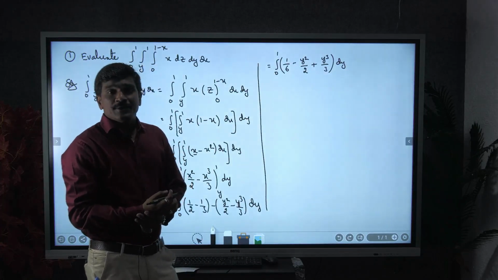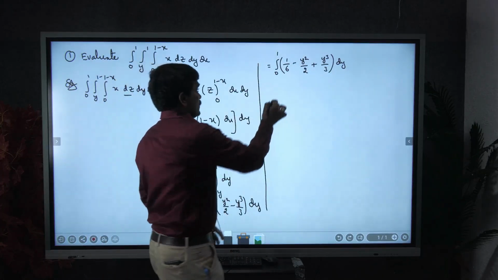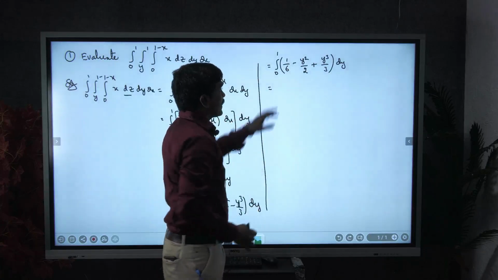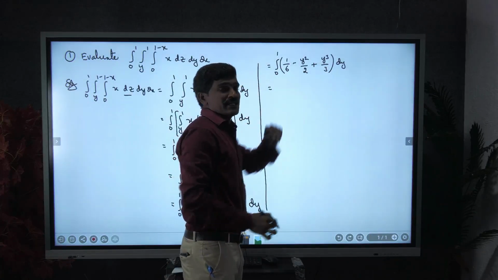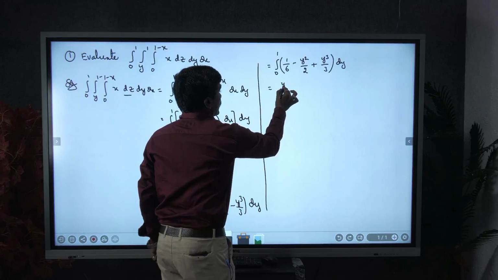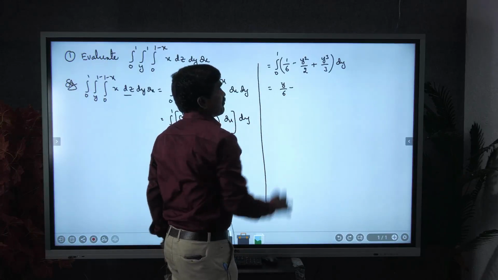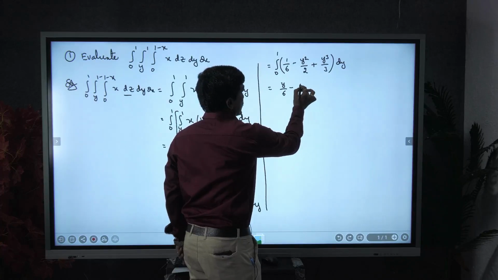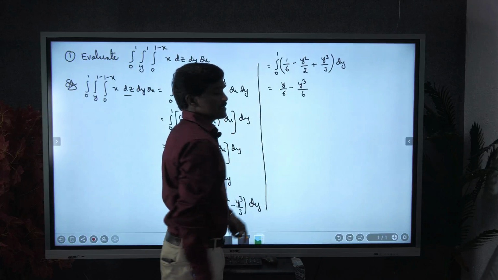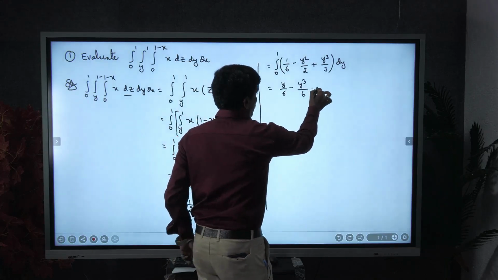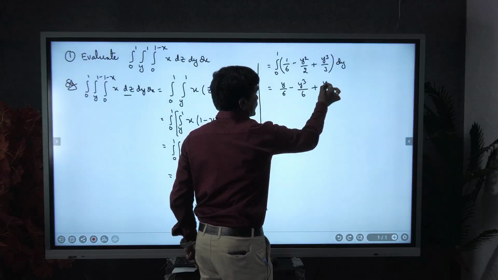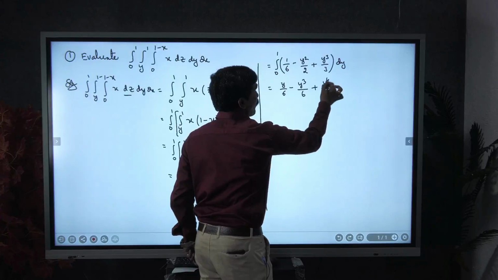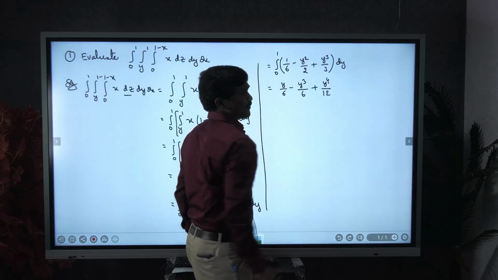Finally, integration with respect to y. Now 1 by 6 is constant, integral dy is y. So y by 6 minus y square integrates to y cube by 3 by 2, that is y cube by 6, plus y cube integrates to y power 4 by 4 by 3, that is 12.